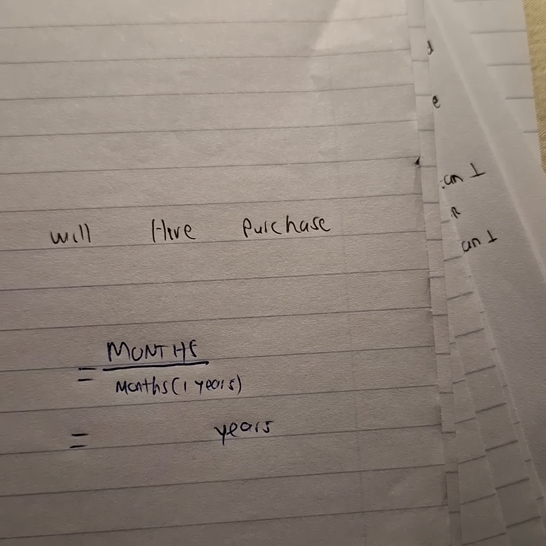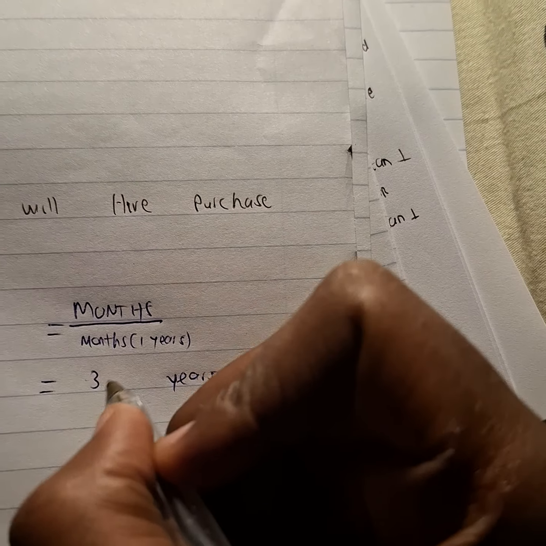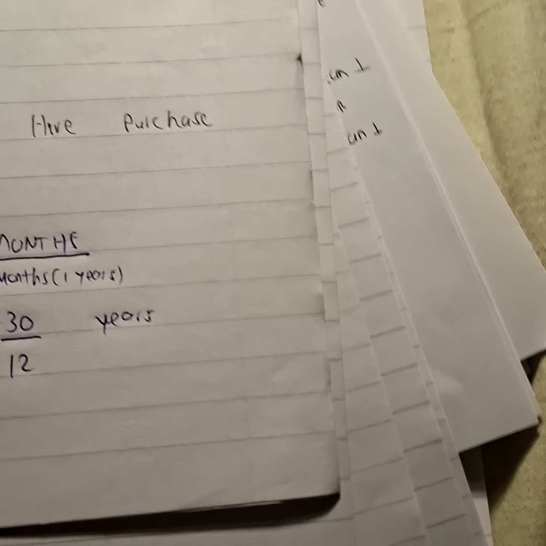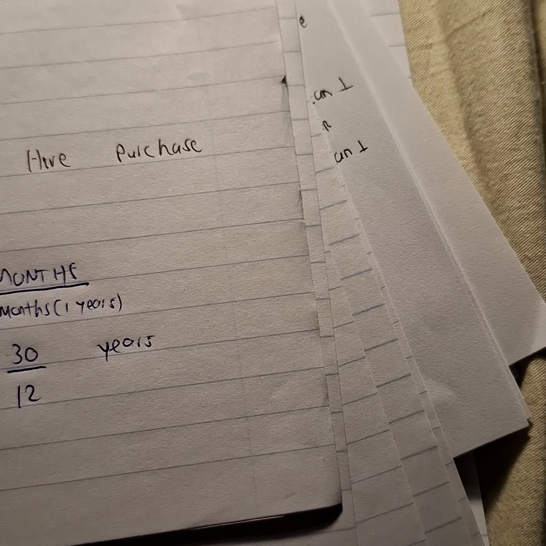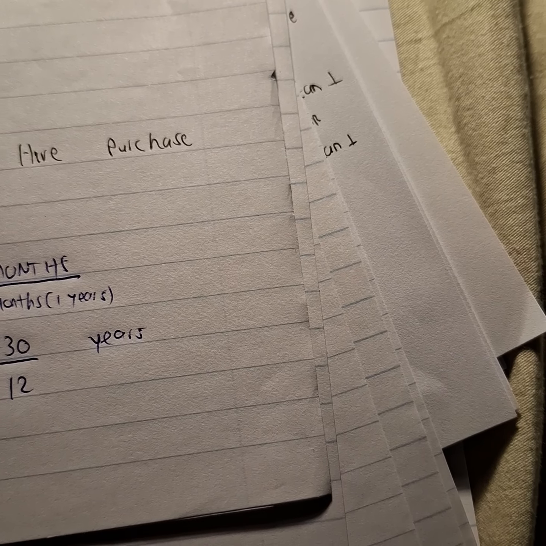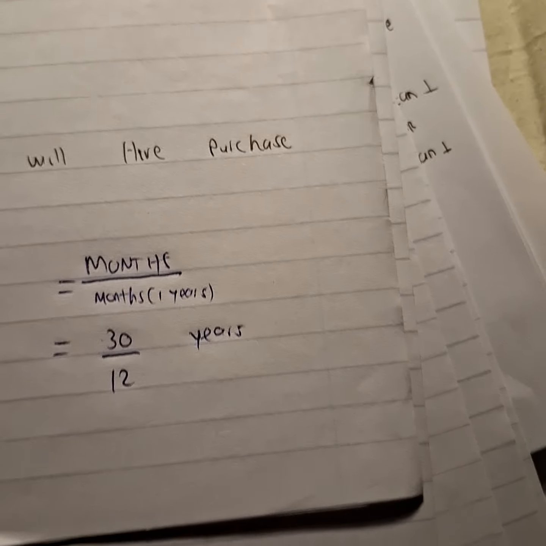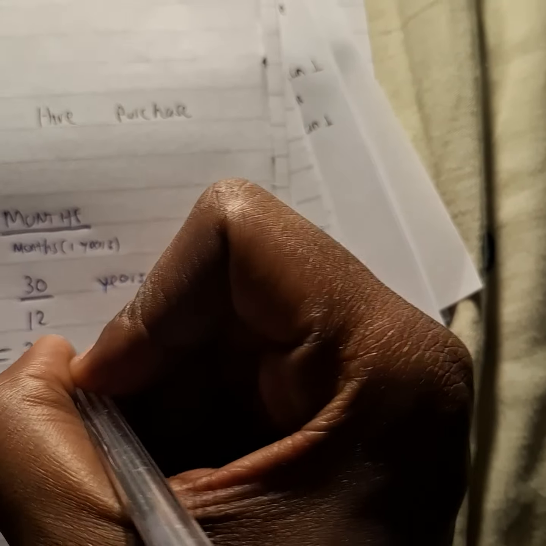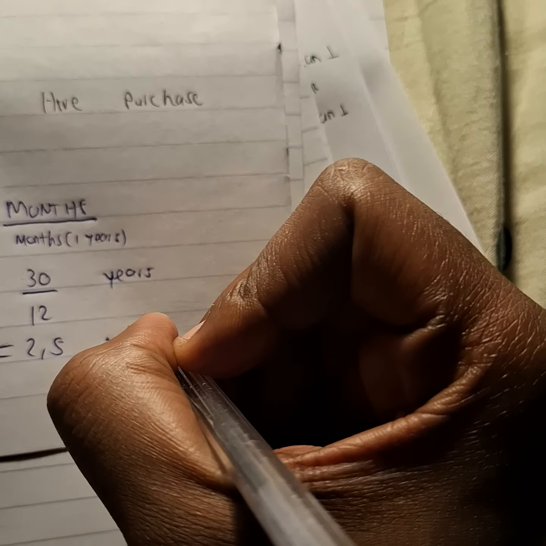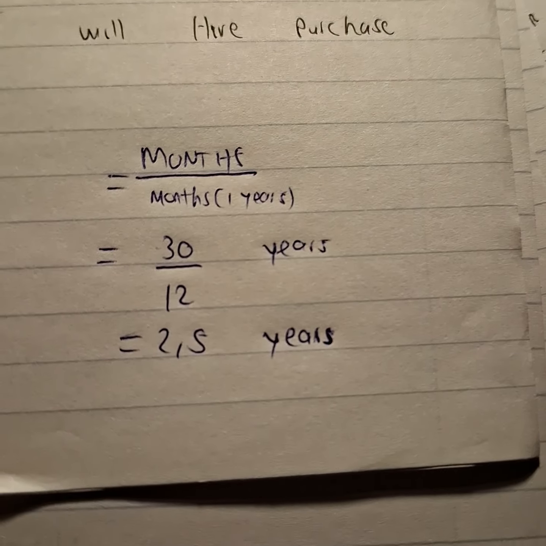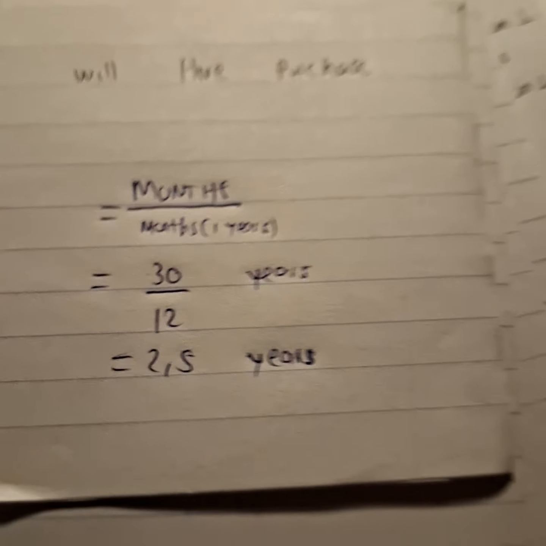So that means we are going to say 30 divided by 12, right? So if we say 30 and then we divide it by 12, we get a beautiful answer of 2,5 years, right? 2,5 years. Very, very important. To the decimal, we just write 2,5 years.